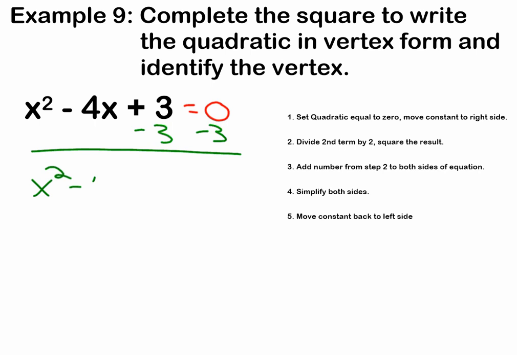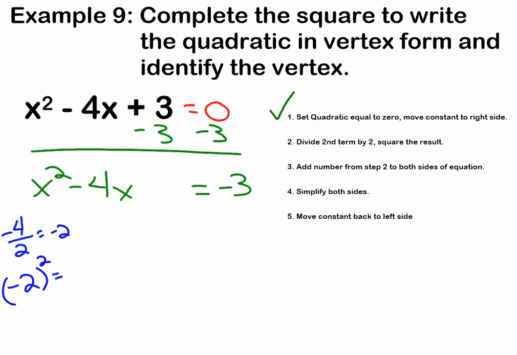X squared minus 4x equals negative 3. Step 1, done. Then you're going to divide negative 4 by 2. That's going to give you negative 2. Negative 2 squared is going to give you positive 4. That's step number 2. Take that beautiful number, add it to both sides of the equation for step number 3.